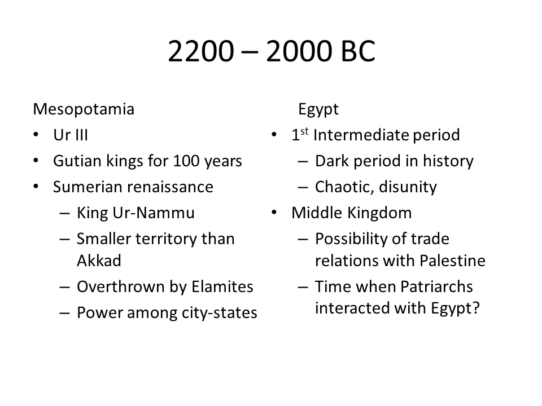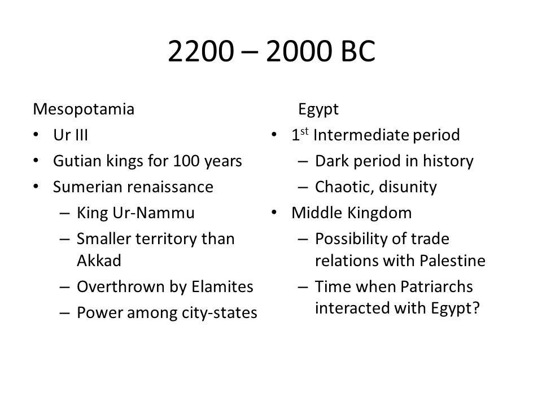It was a smaller territory than Akkad had been under Sargon I, and ultimately they were overthrown by the Elamites. After that, there was power among the city-states, more regional power than one localized power. Over in Egypt, we have something called the First Intermediate Period that happens during this time.